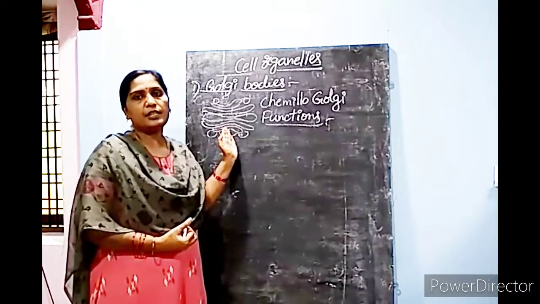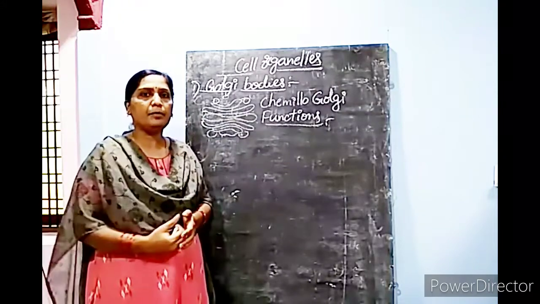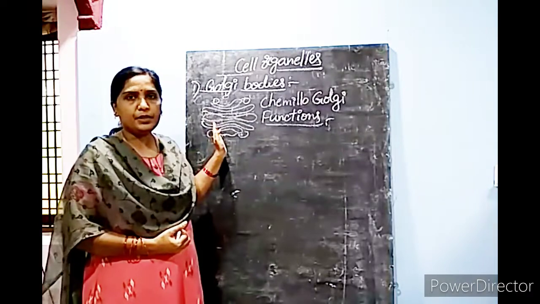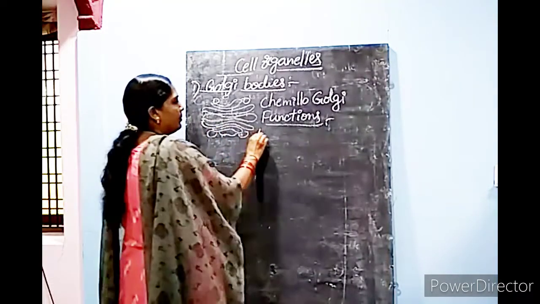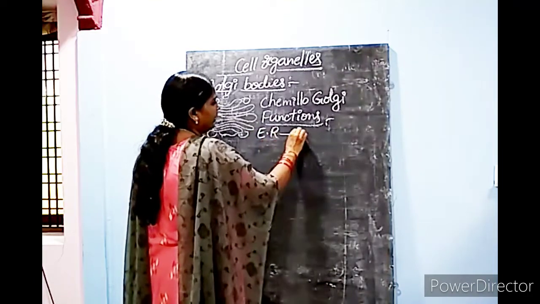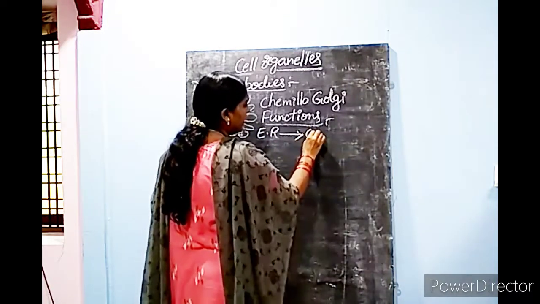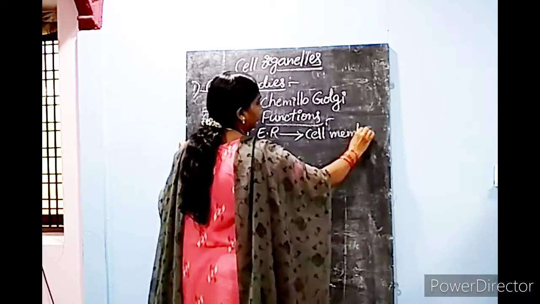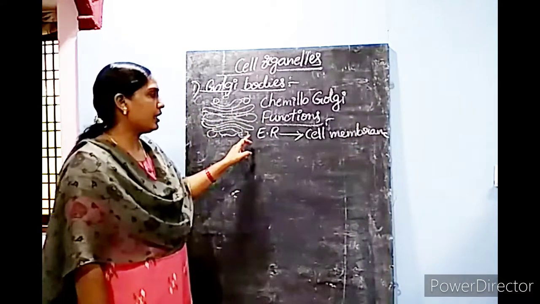So Golgi bodies collect those lipids and proteins and give them to the cell membrane. And these lipids and proteins are helpful for the formation of cell membrane. So it's collecting the materials from ER and passing to the cell membrane. In the preparation of cell membrane, those lipids and proteins are used.